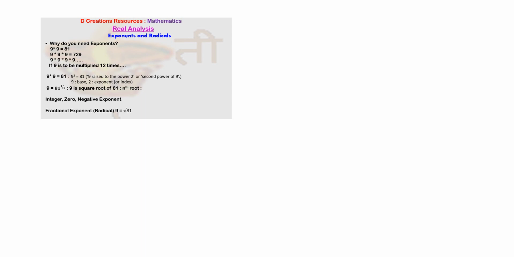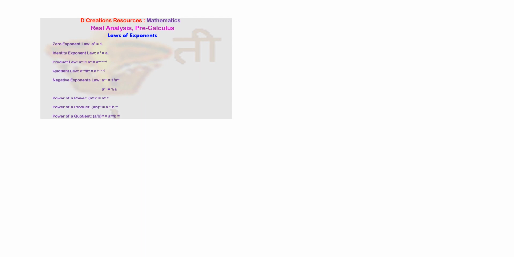Now let us look at the laws of exponents. There are certain rules, and you can see a list of laws here. Instead of just reading them out one by one, I would like to explain them by using a numerical example. So I have taken some numbers specifically.